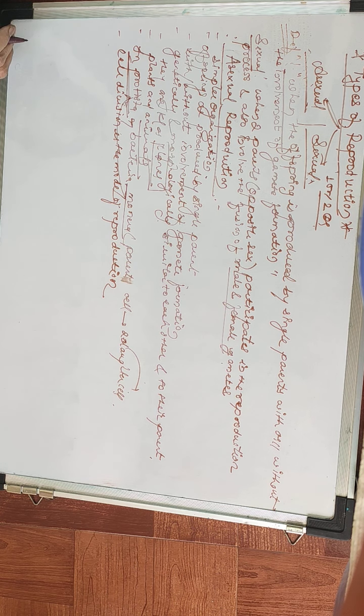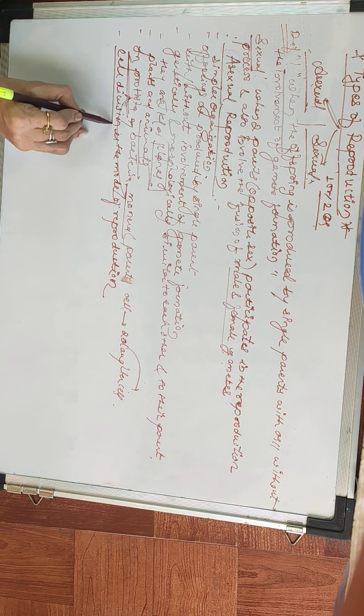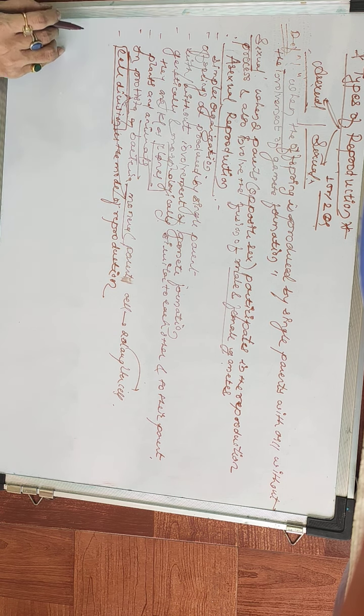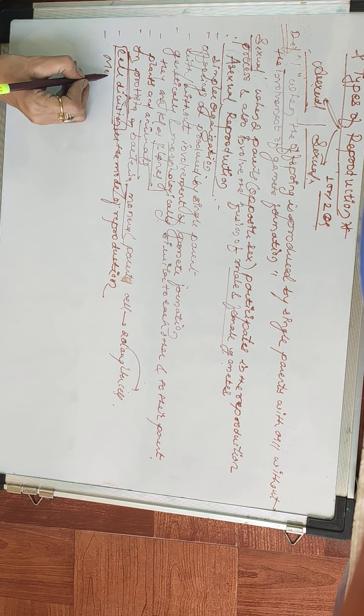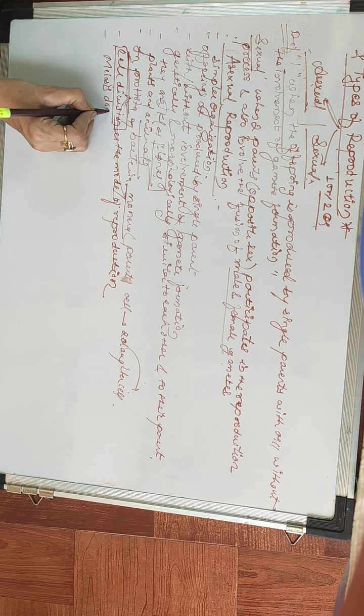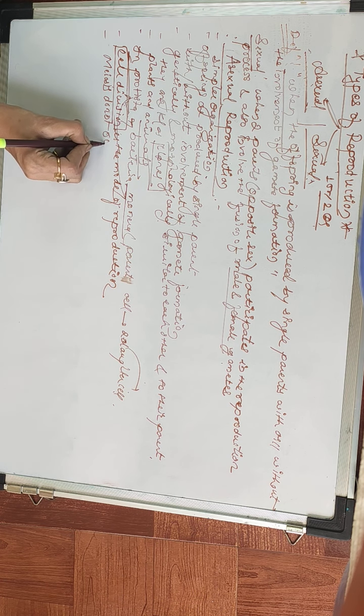So in asexual organisms, cell division is the mode of reproduction. Here meiosis does not occur.